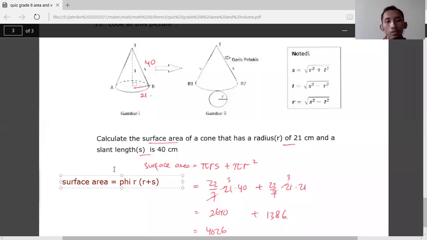You can take out pi and r over here. So inside the bracket is r plus s, and the result will be the same. If the value involves a decimal, you must use 3.14 as pi.